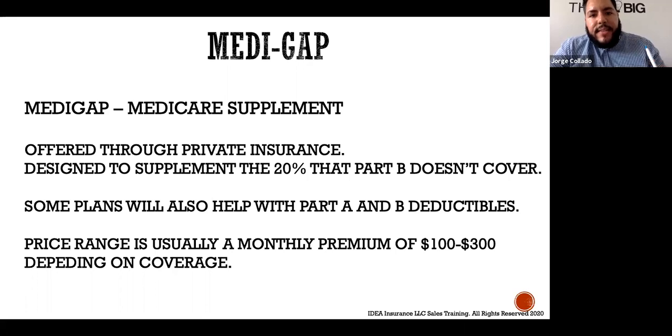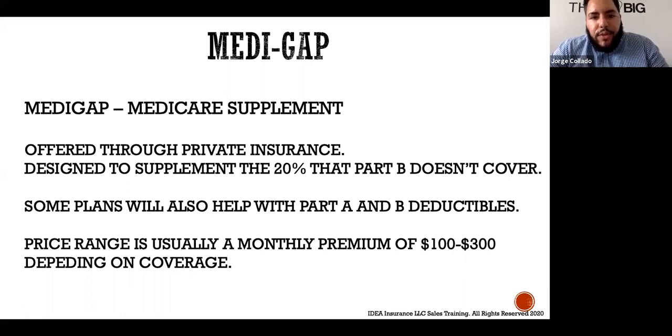Medigap is a Medicare supplement, so it's like having a secondary insurance to offset their Medicare cost. If they go with this option, they will keep their original Medicare, which is their A and B, and they will have a supplemental plan to offset that 20% that they have to pay with original Medicare.